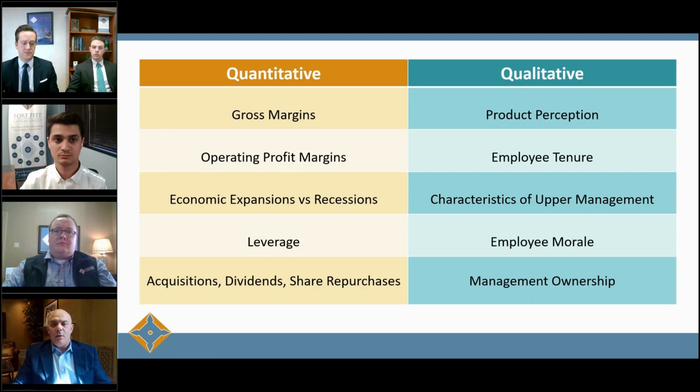I'd say probably the most important quantitative factor would be trying to understand the company's long-term growth profile. That's really going to help you determine what valuation to pay for the business.